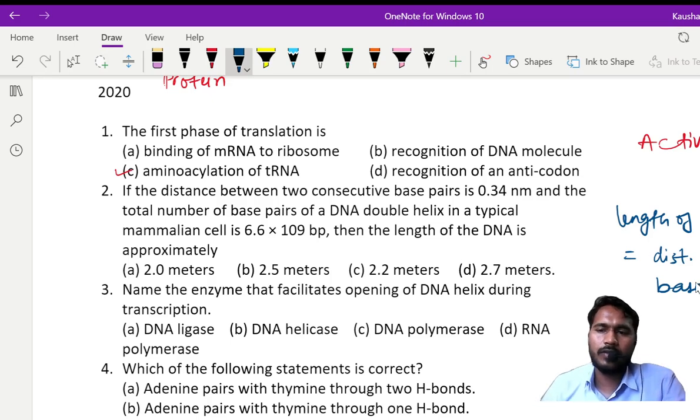You have to remember the unit should be the same, and you will find that it is 2.2 meter.